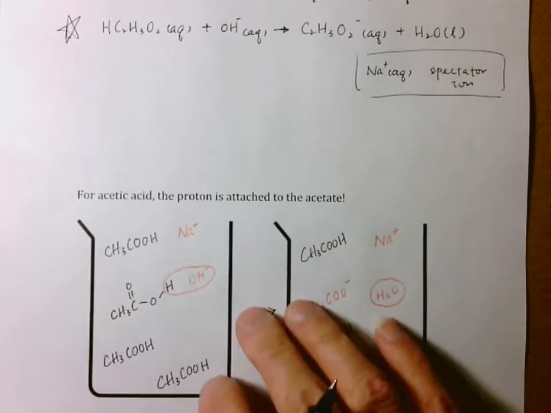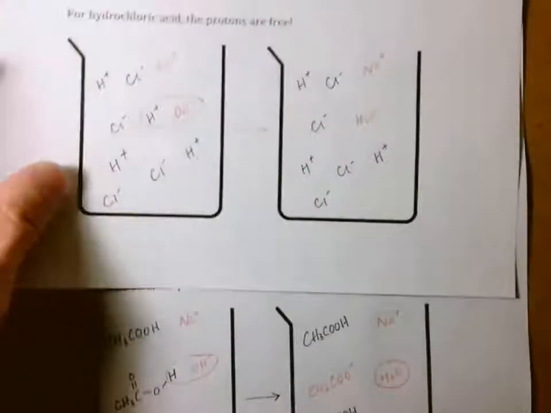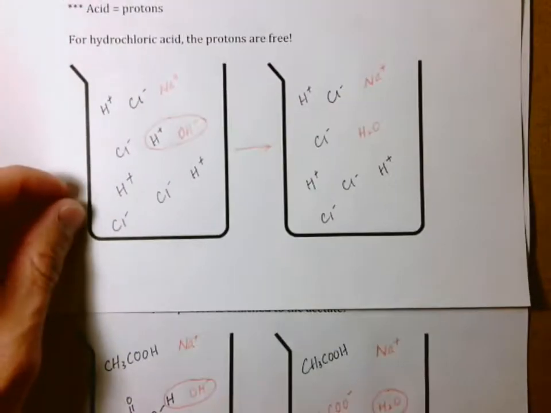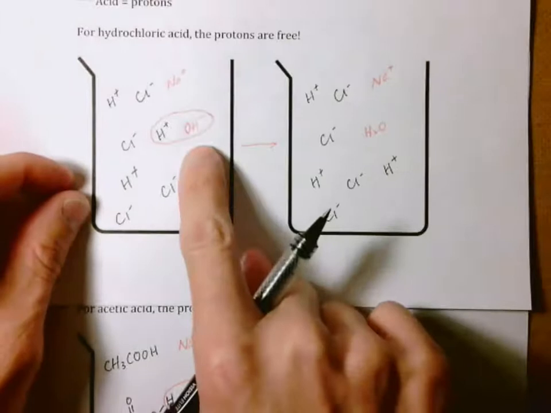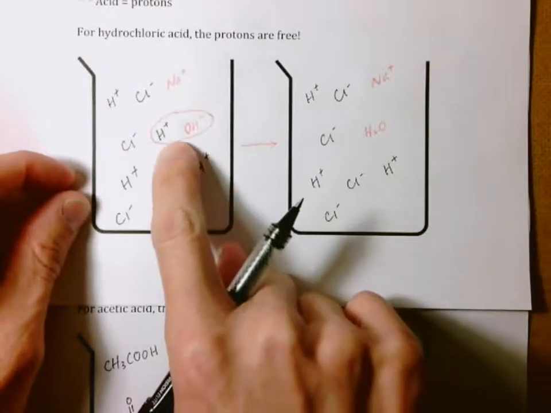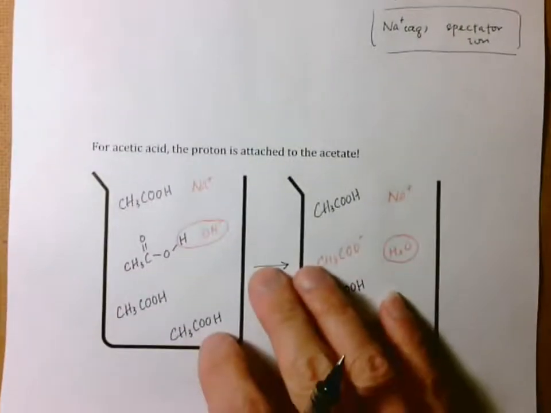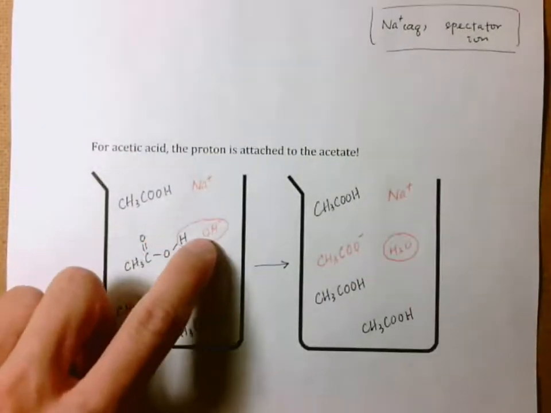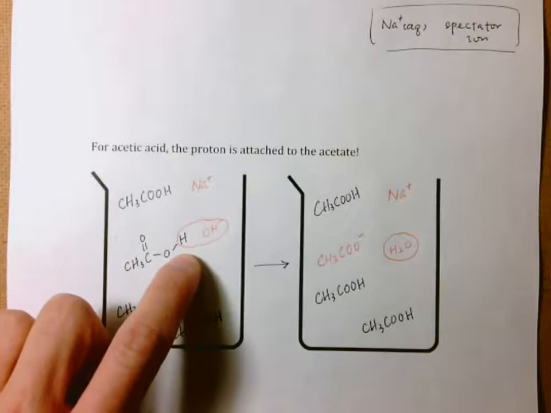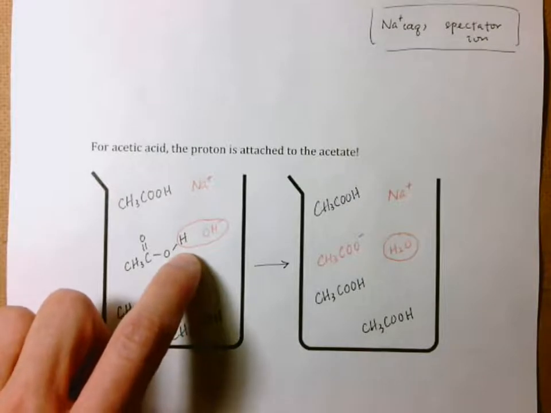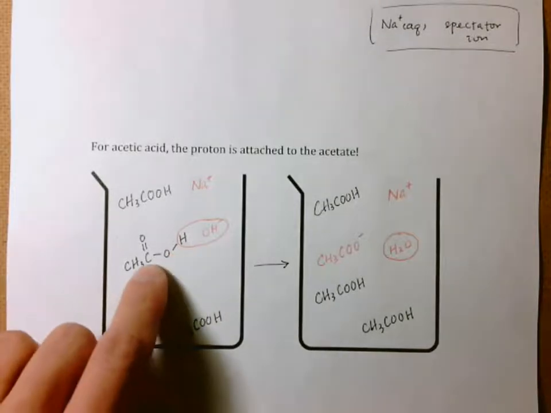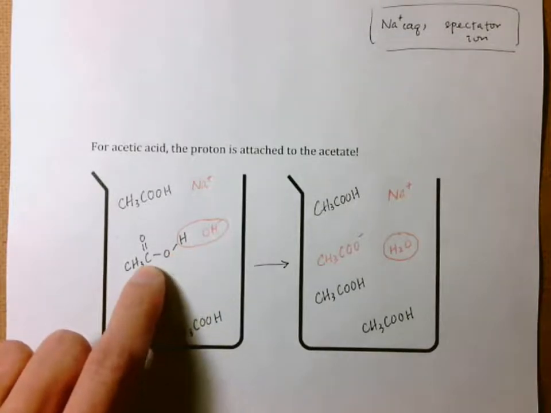So you see they are quite different. Compare the strong acid reaction, where the hydrogen is already available. But for weak acid, the strong base has to do some work. It has to pull the hydrogen, the proton, away from the acetate.